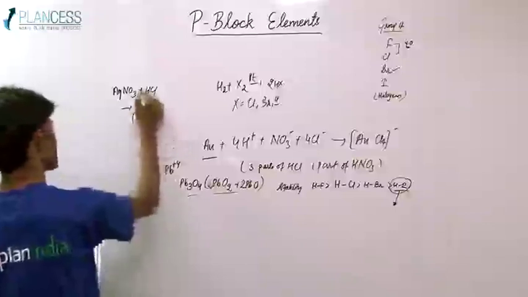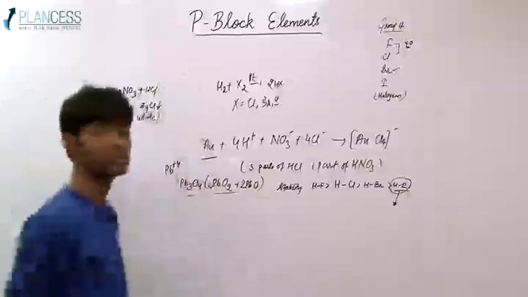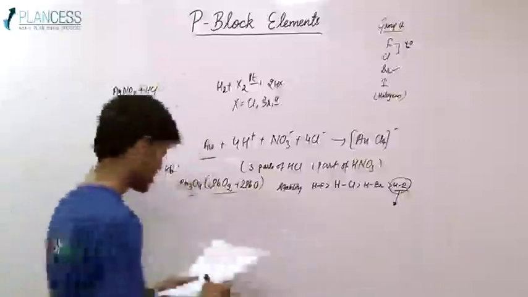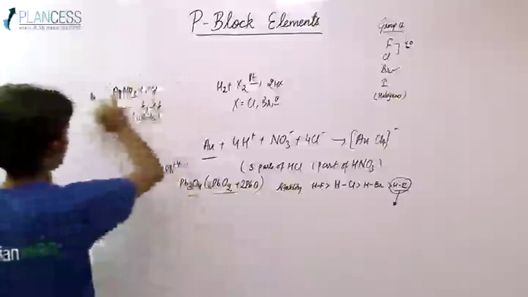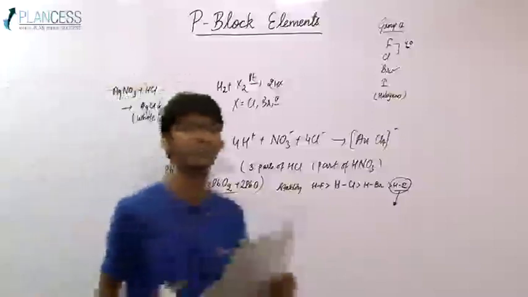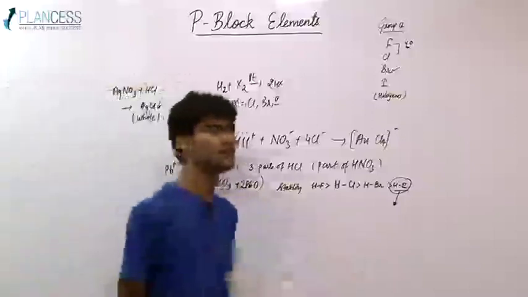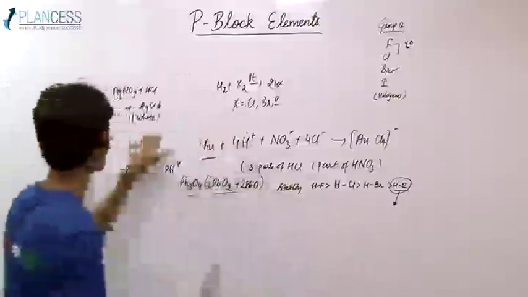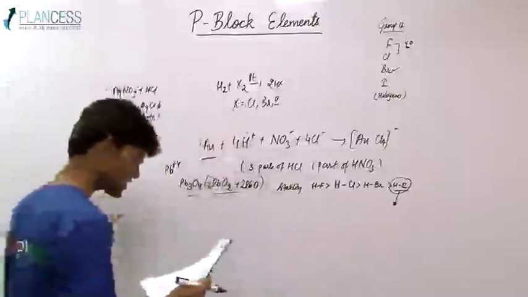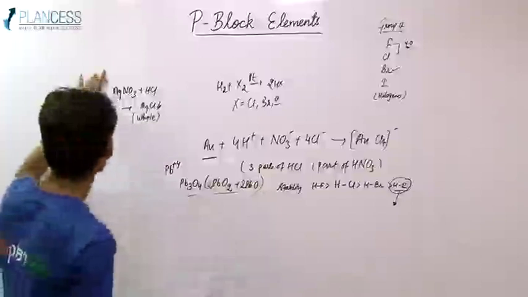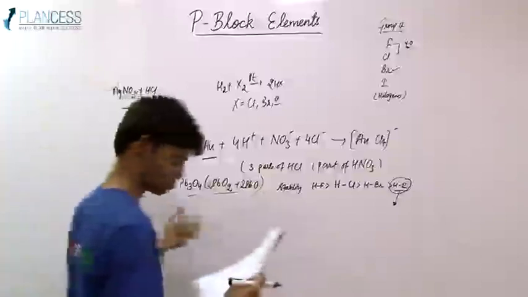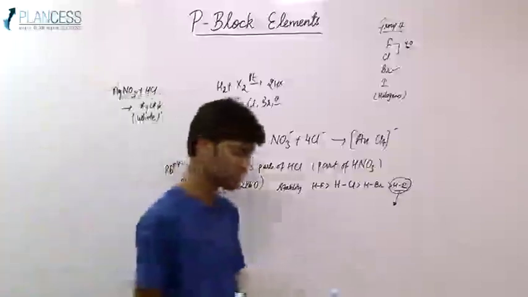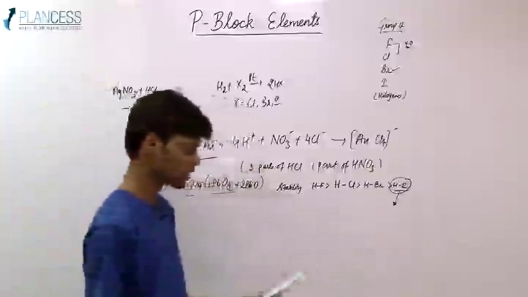If it is HI, then it will form AgI, which is a yellow precipitate. If it is HBr, then it will form AgBr, which is a pale yellow precipitate. So it forms colored precipitates, and therefore it is used in the detection of cations. The same reaction takes place with lead acetate and mercury nitrate also.